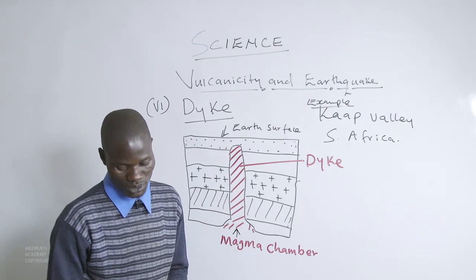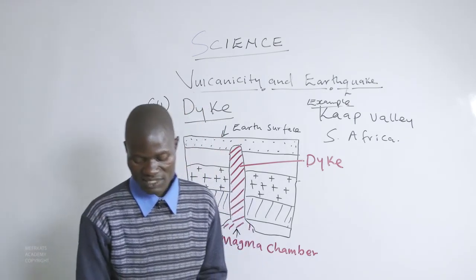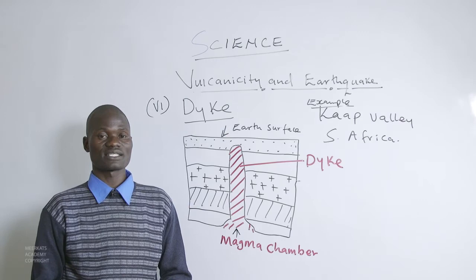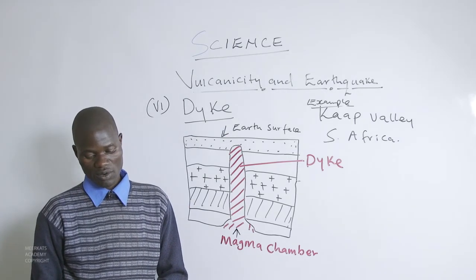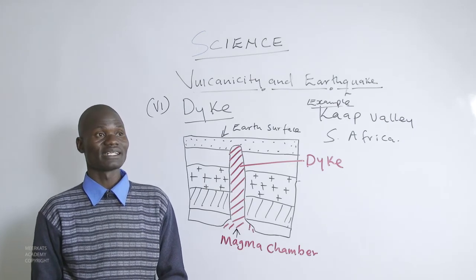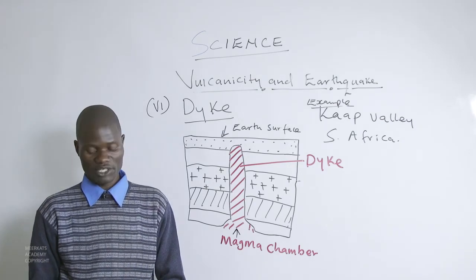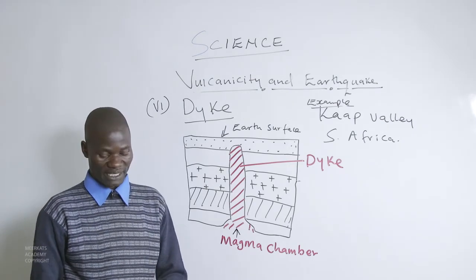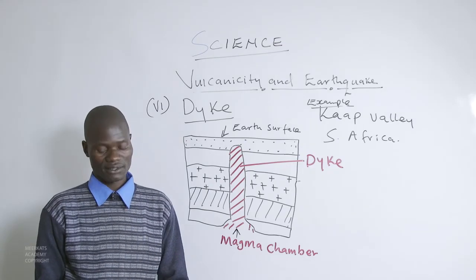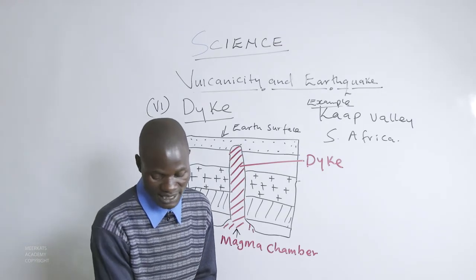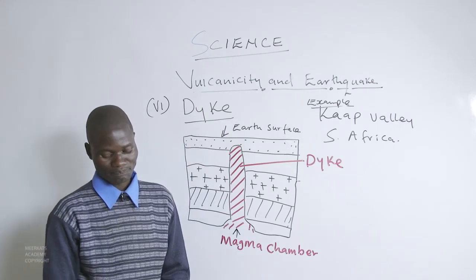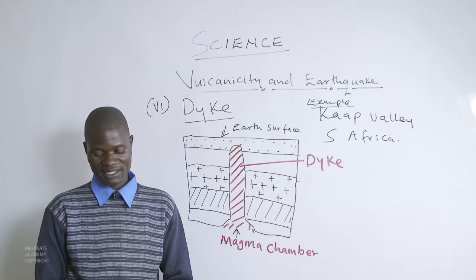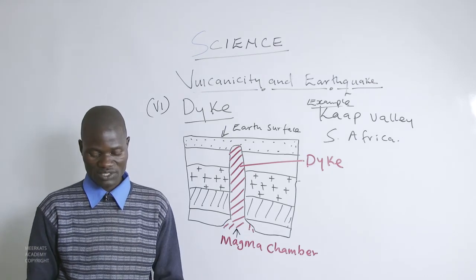We have been able to look at various intrusive features that have been formed as a result of volcanicity. One, we have looked at the batholith and how it is. We have also looked at the Laccolith and how it looks and how it's formed.